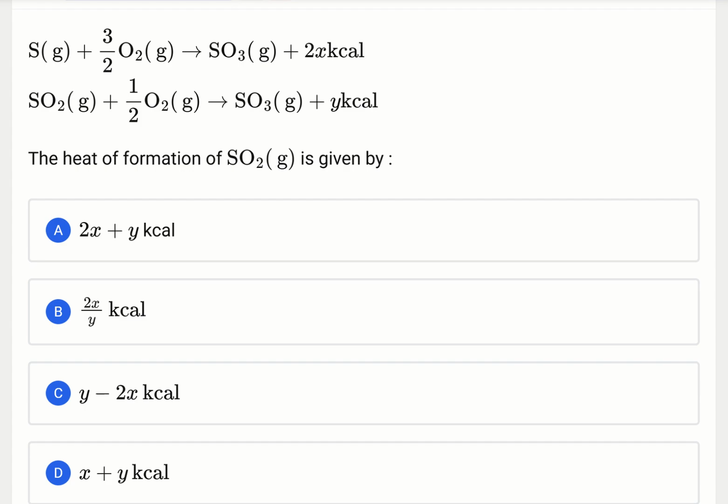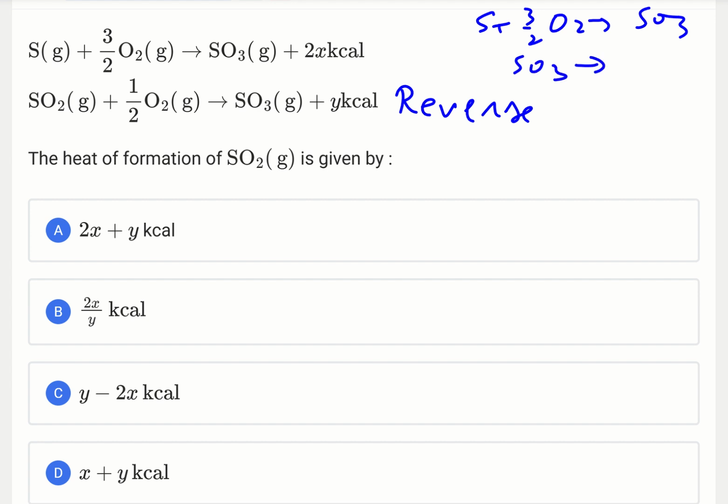Next question: S plus 3/2 O2 gives SO3, and SO3 gives SO2 plus half O2, the heat of formation of SO2. Okay, heat of formation of SO2. Why don't we reverse this equation? So it will become S plus 3/2 O2 gives SO3. SO3 gives SO2 plus half O2, and the 3/2 O2 cancels. SO3 cancelled. That means I have got the energy as 2x.